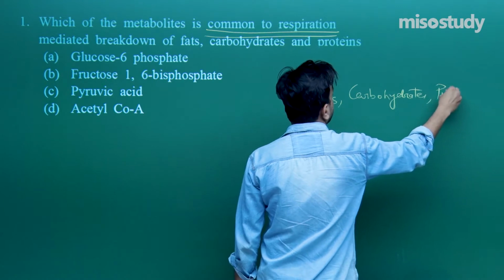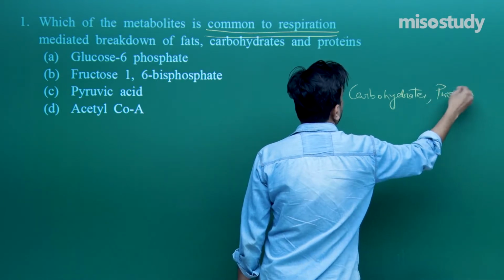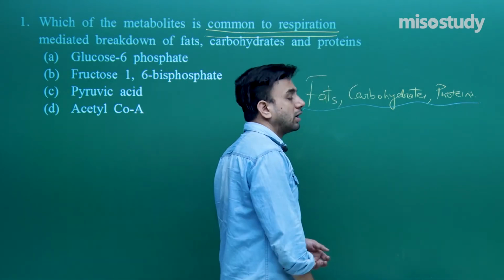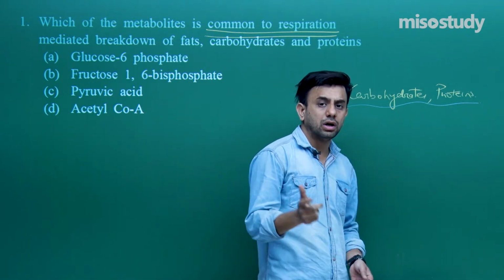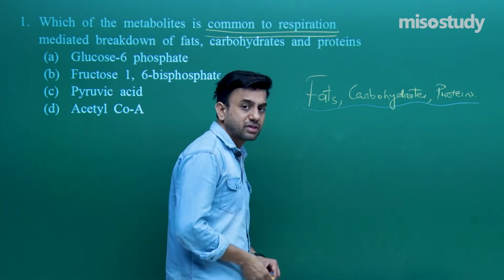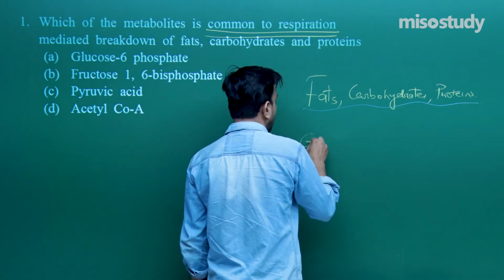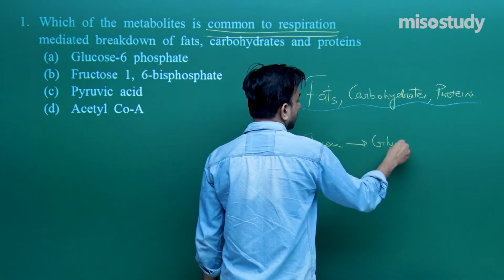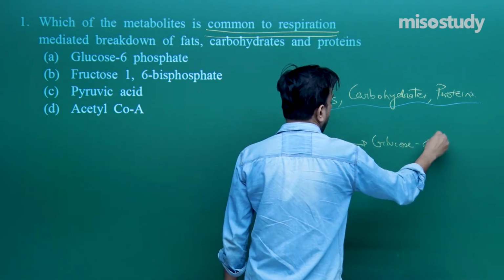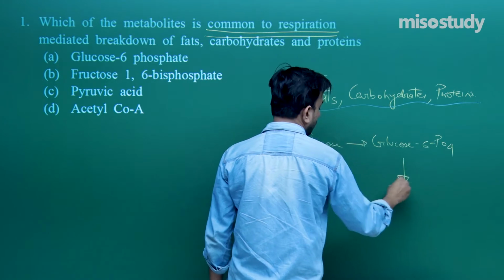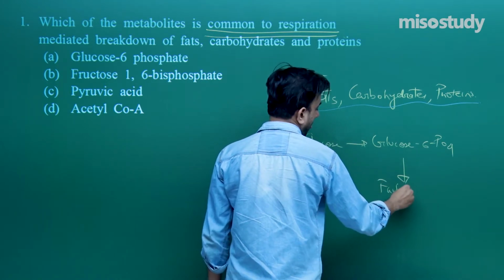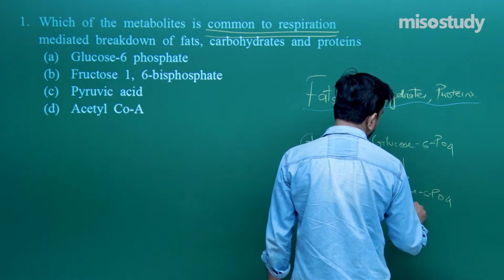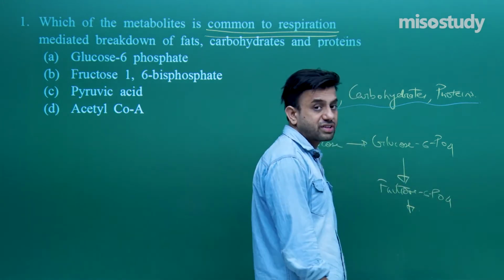what we will see is that they will undergo glycolysis. And what happens in glycolysis? We know that glucose forms glucose 6-phosphate, and this forms further fructose 6-phosphate, and then this will form fructose 1,6-biphosphate.